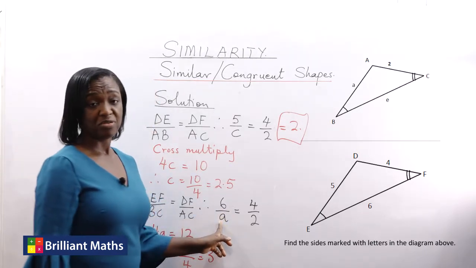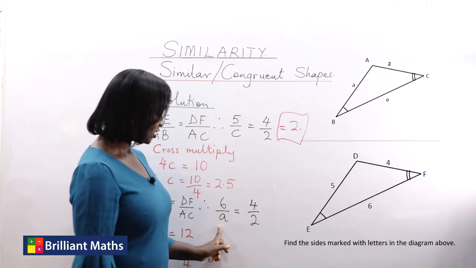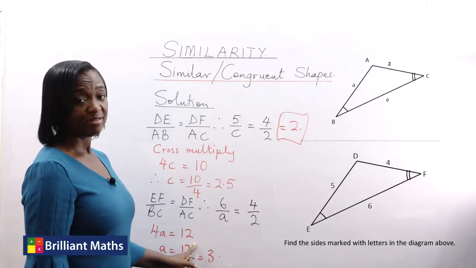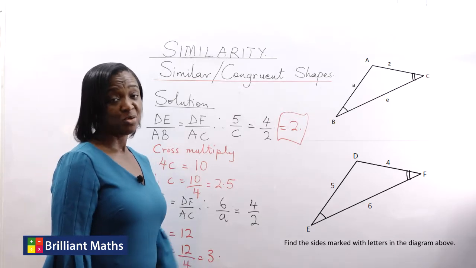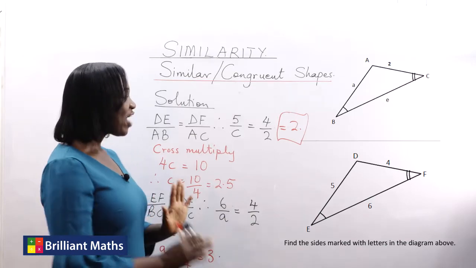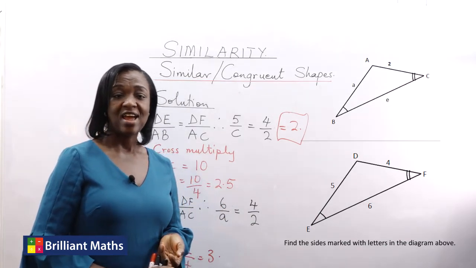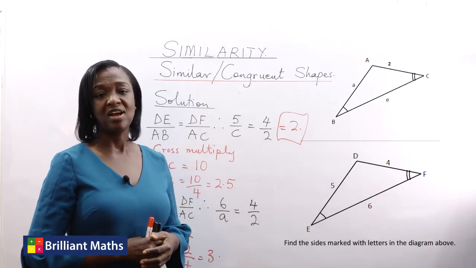A will be equal to 3. But trying to work out these ratios, then we have that 4A is equal to 12. So A will be equal to 12 divided by 4, which is equal to 3, which is the same answer. So try to identify the corresponding angles and the corresponding sides of any two given similar shapes.